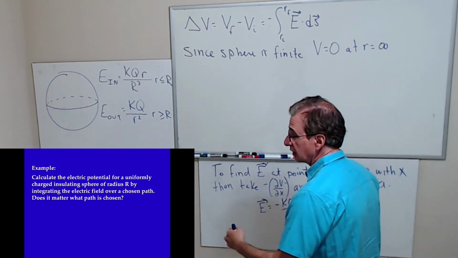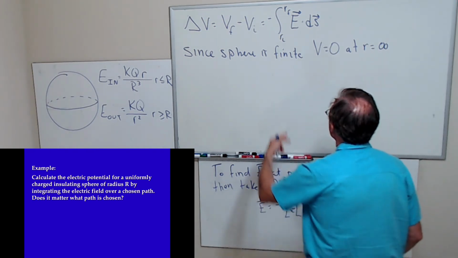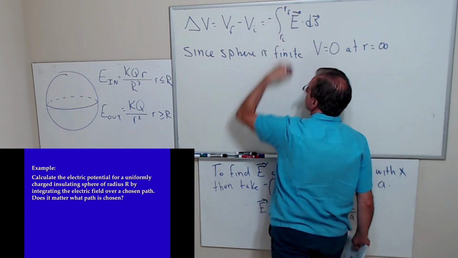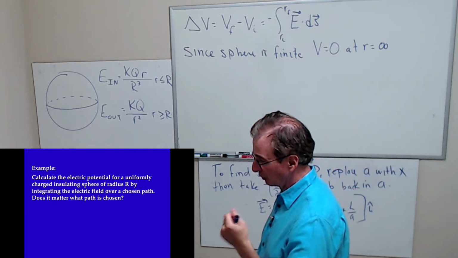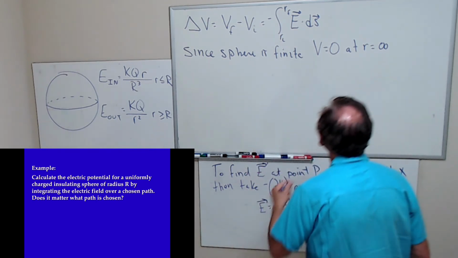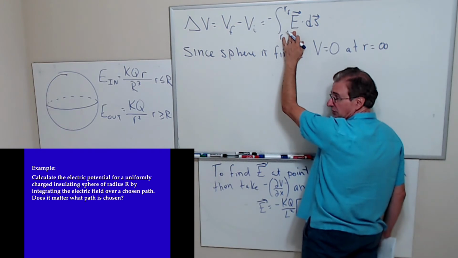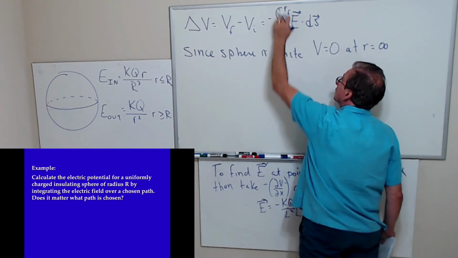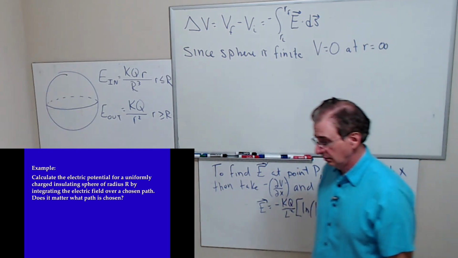And I'm always going to integrate outward. My unit vector always points outward, and my limits of integration will really define whether I'm going outward or inward. The r hat vector, the vector that represents the electric field, is always going to be positive. It's the limits that tell me the direction I integrate in.